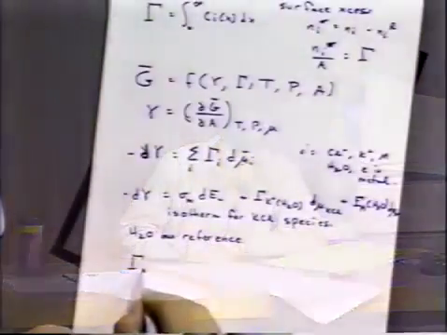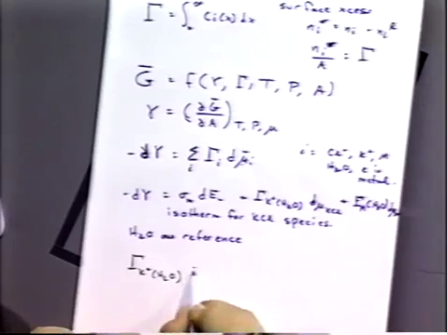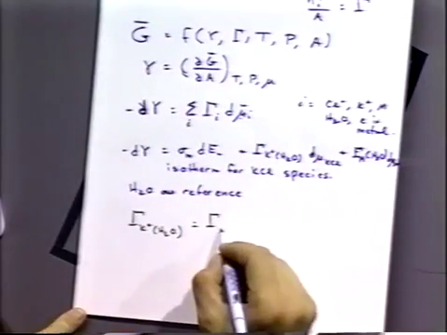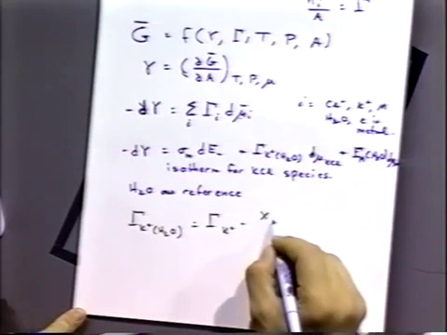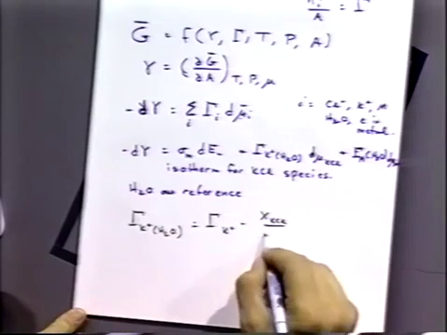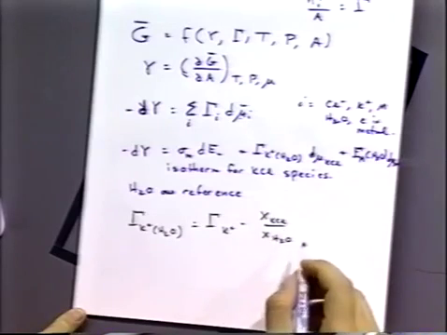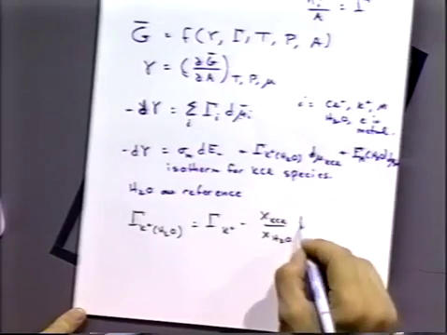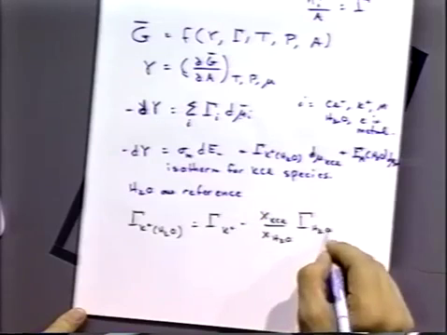And if we write down this notation, what that really means is that we're taking the integrated surface excess of potassium ion, and we're subtracting the ratio of the mole fraction of potassium chloride over the mole fraction of water, times the integrated surface excess amount of water.